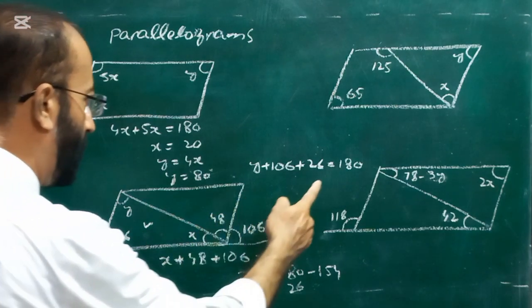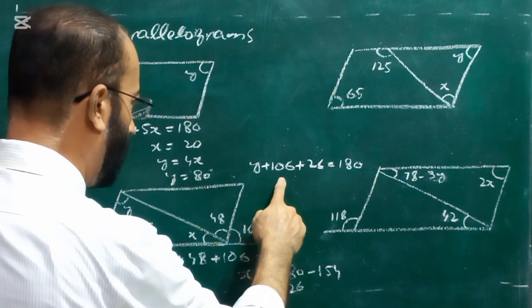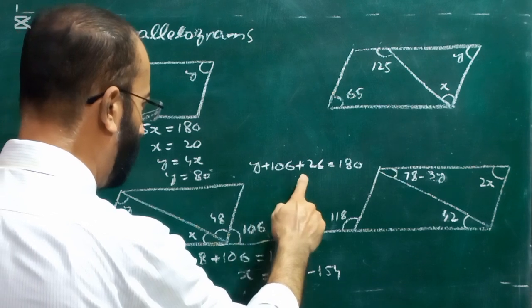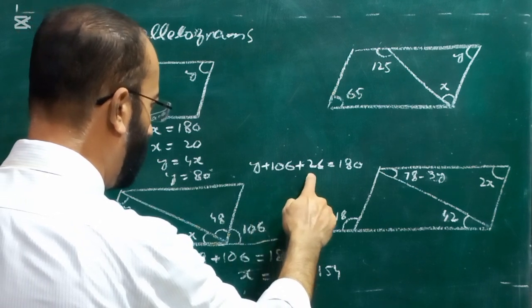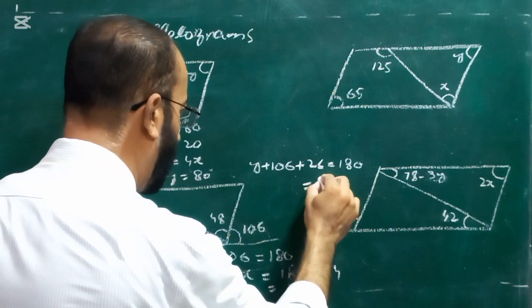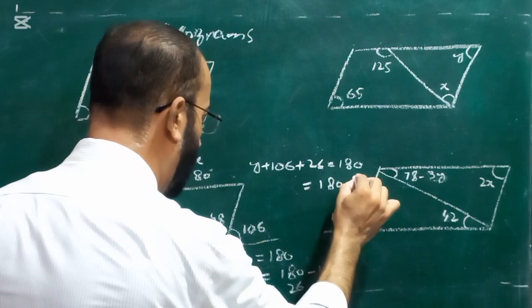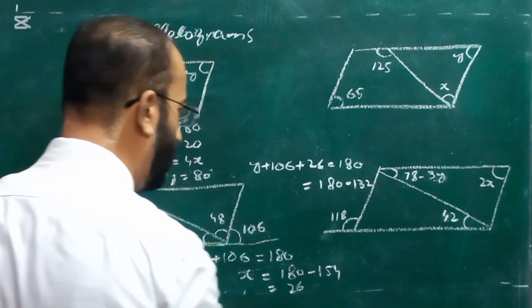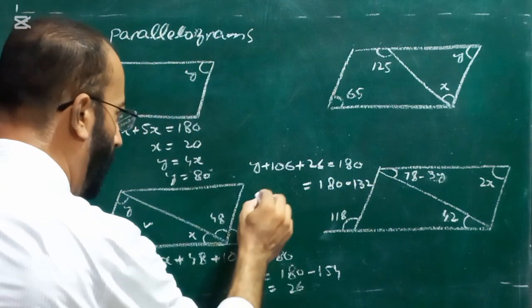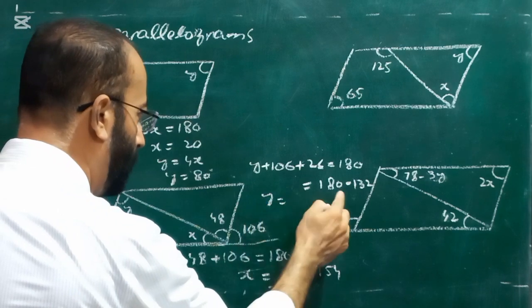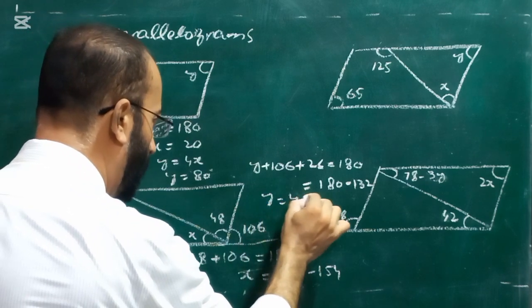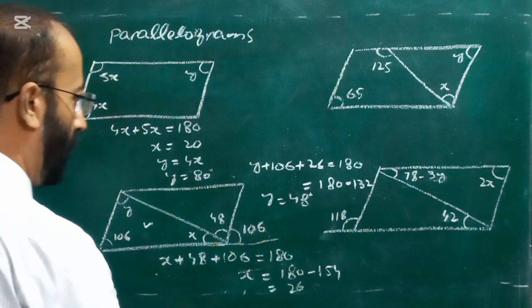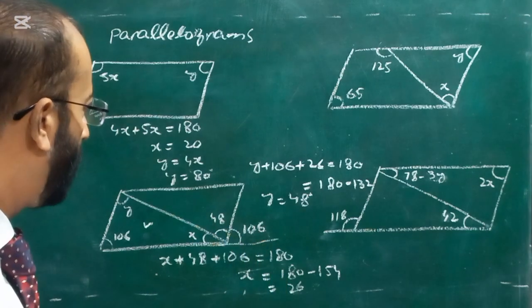From here, this will be solved. 132 will be subtracted from 180 degrees, and y will be equal to 48 degrees. So this is solved.